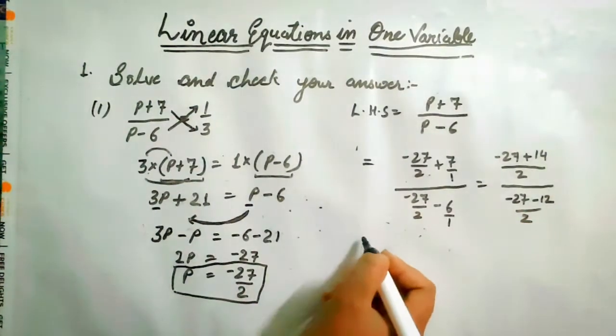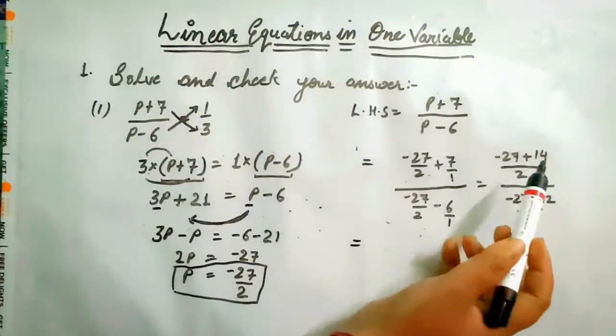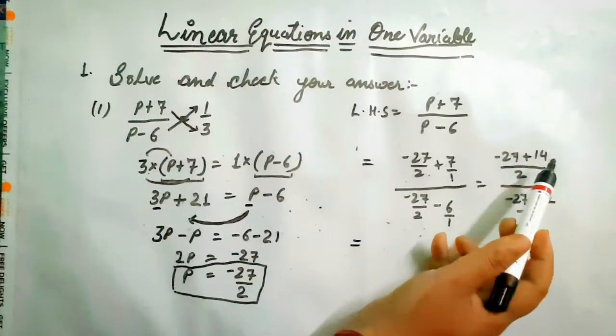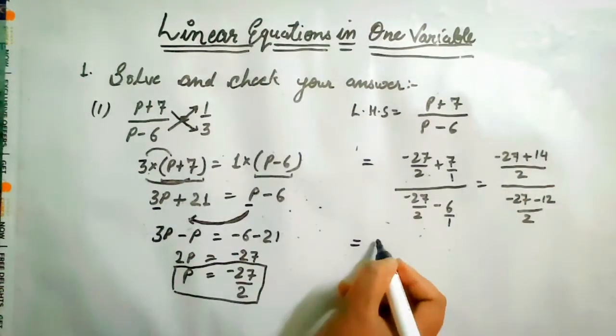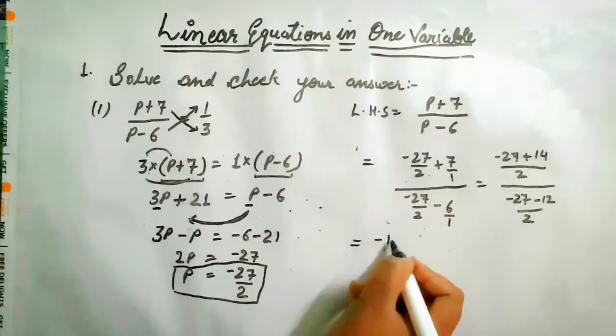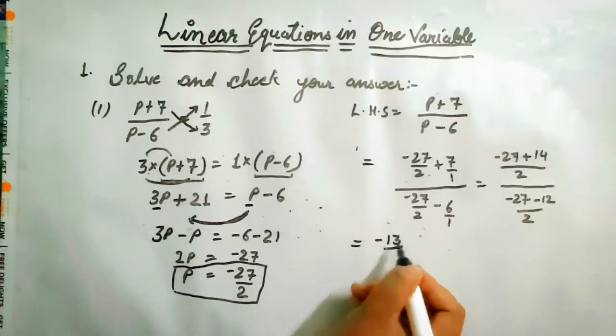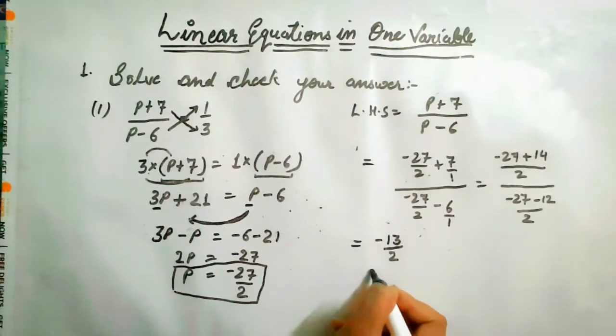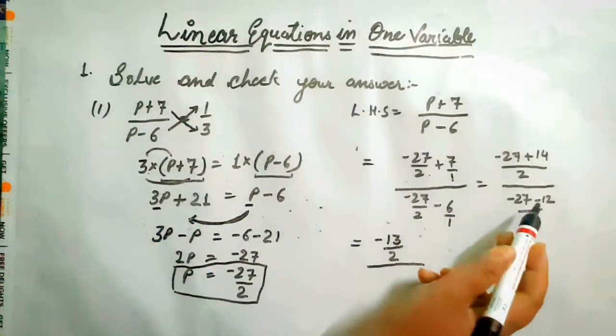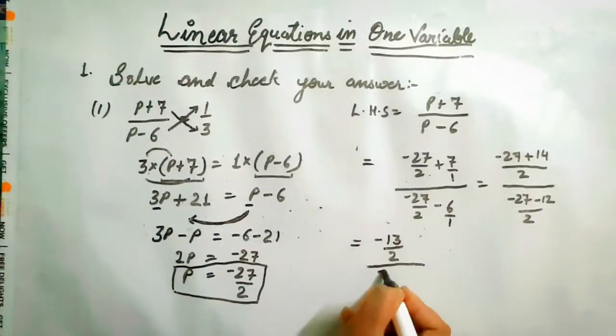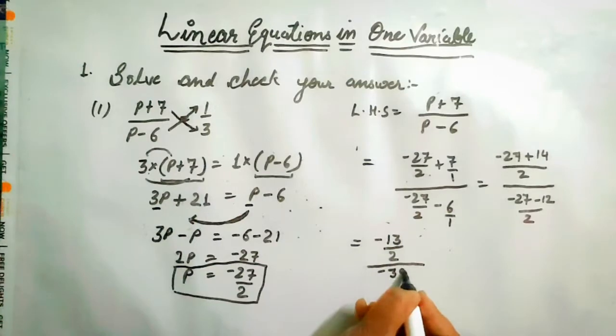Simplify it now. This will be equals to, in numerator, minus 27 plus 14 will be minus 13 whole upon 2, whole divided by minus 27 minus 12 will be minus 39 whole divided by 2.